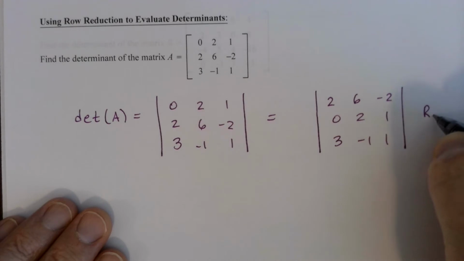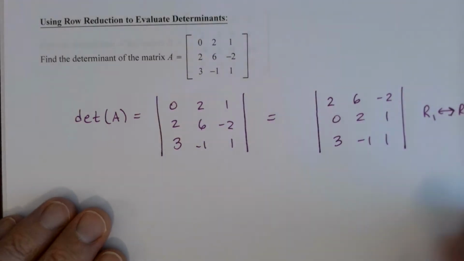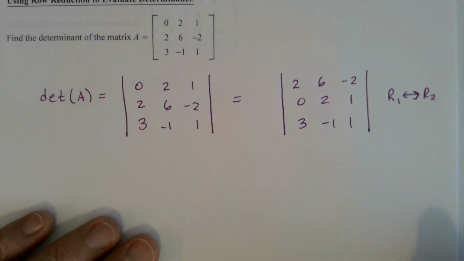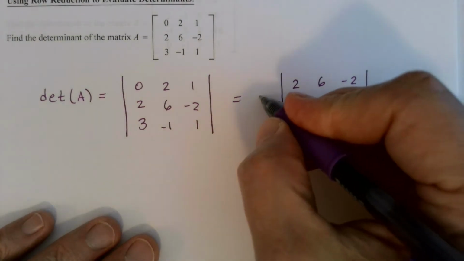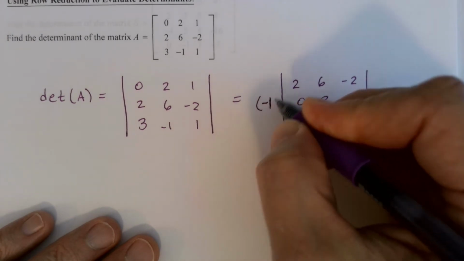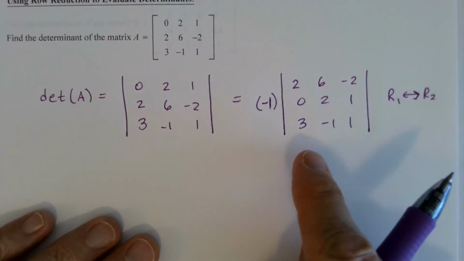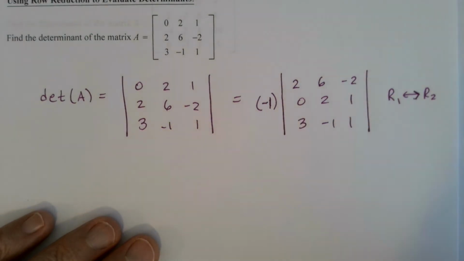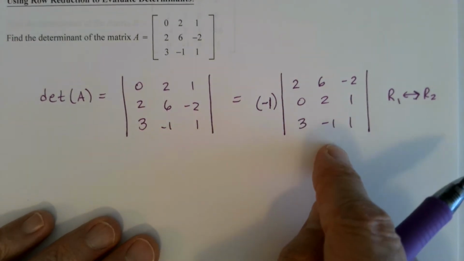So again, this is interchanging rows 1 and 2. Do you remember how that affects the determinant of the matrix? Remember, the new determinant is -1 times the determinant of the previous one, and so we can multiply this determinant by -1 and we get the same relationship. Okay.